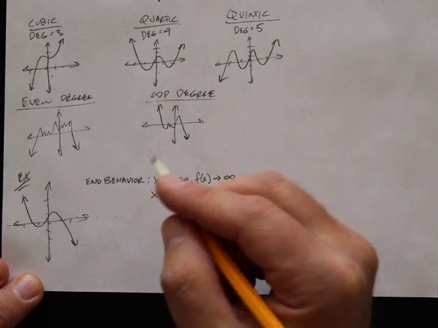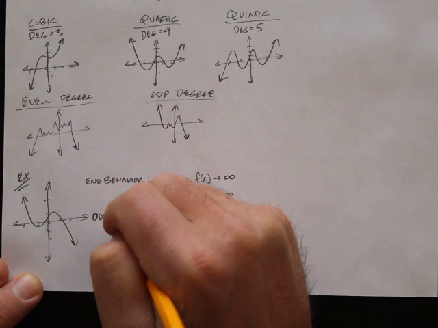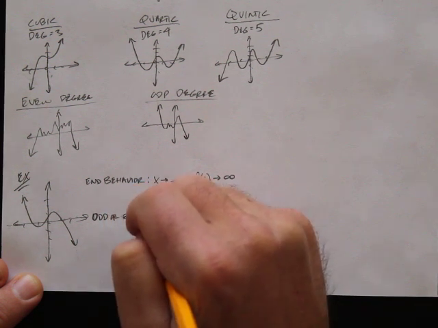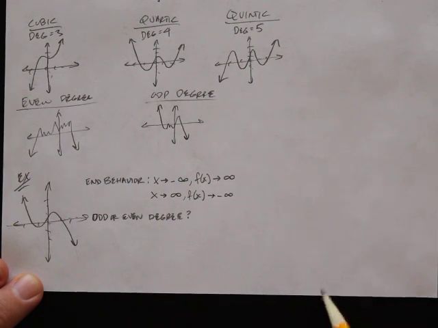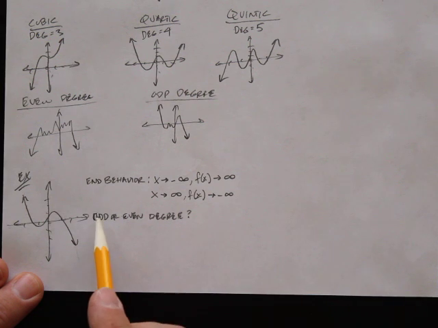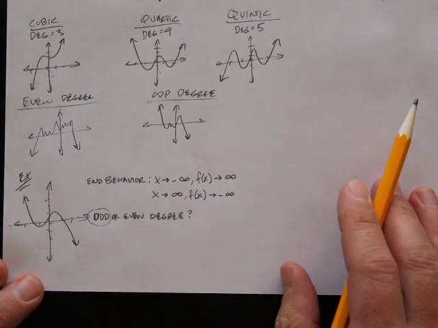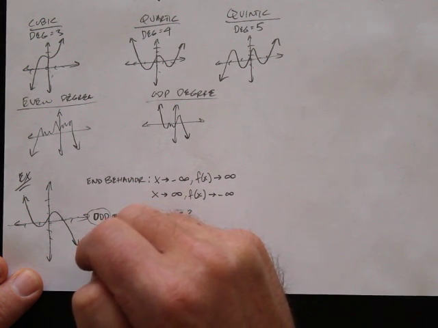Is this an odd or even degree? This one's got to be an odd degree because it goes one direction and then goes the other direction. So this is odd. And then we can say, how many real zeros are there?